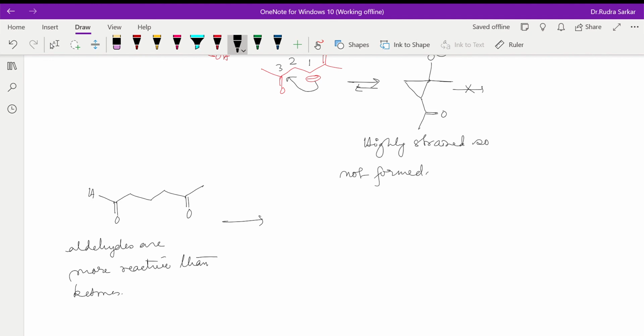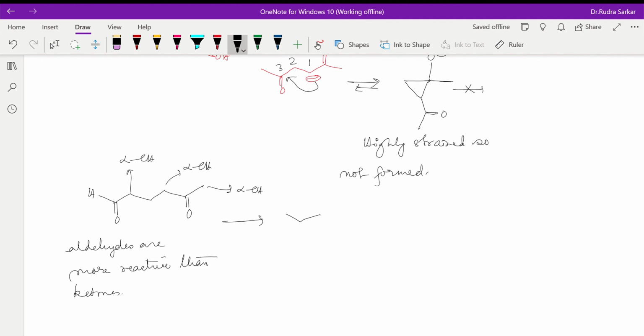Okay, so think of the enolates that can be formed over here, or carbanions. Now you have alpha position here, you have alpha CH here, you have alpha CH here.